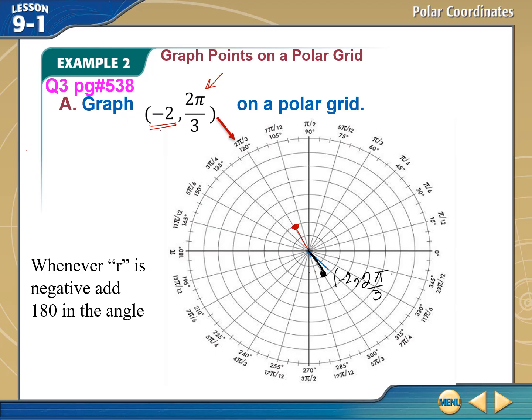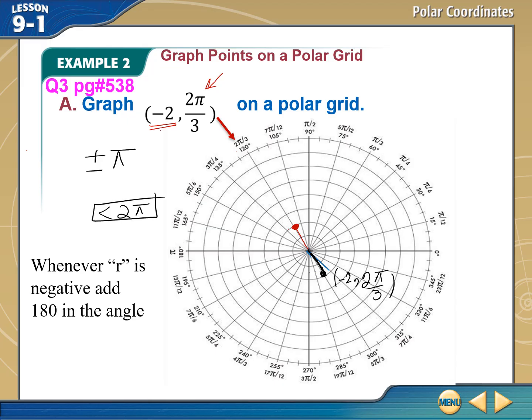Now let's check whether we are correct or wrong. If it is in degrees, you add or subtract 180 degrees. If it is in radians, then you add or subtract pi, depending on the answer being less than 2 pi.